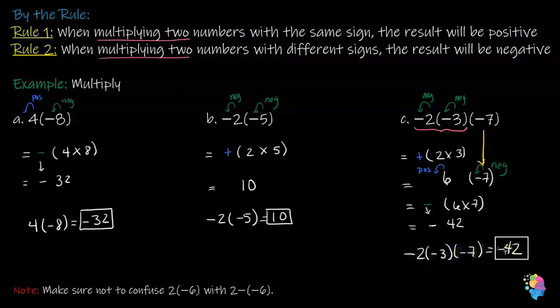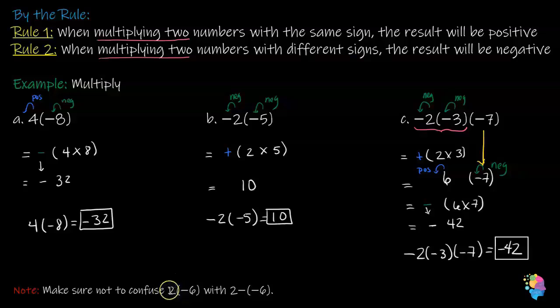Now we have to be very careful when multiplication shows up with parentheses instead of the times symbol that we're used to. Sometimes we tend to confuse this first expression with this second one. How do we know when they're asking us to multiply and when they're asking us to subtract? Well, notice how in the first one, there is no symbol, there is no sign between the number and the parentheses.